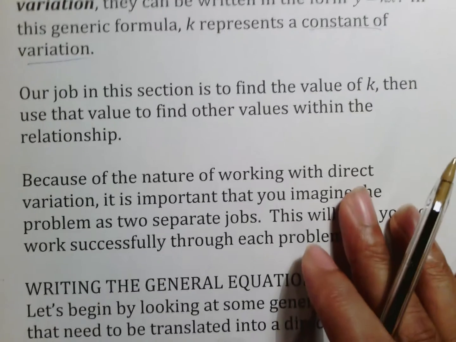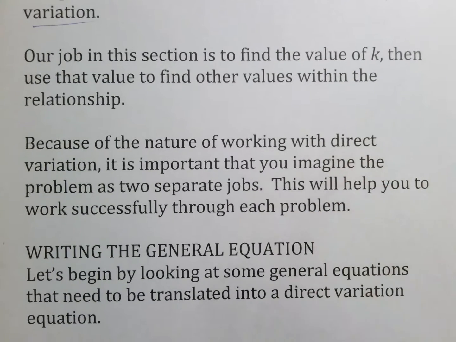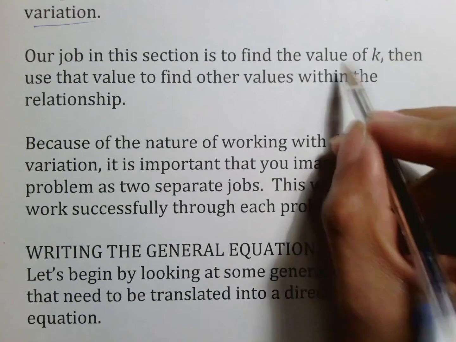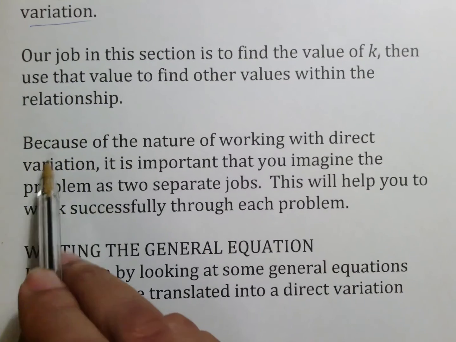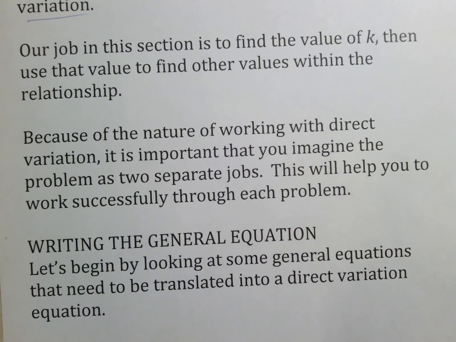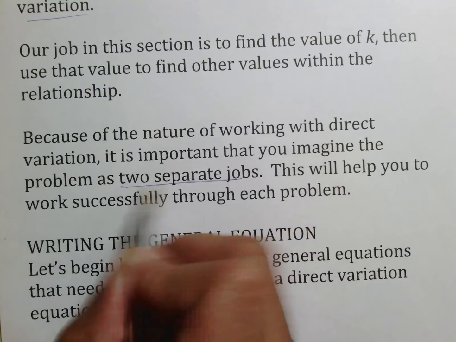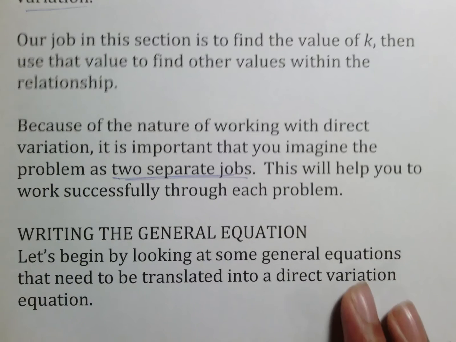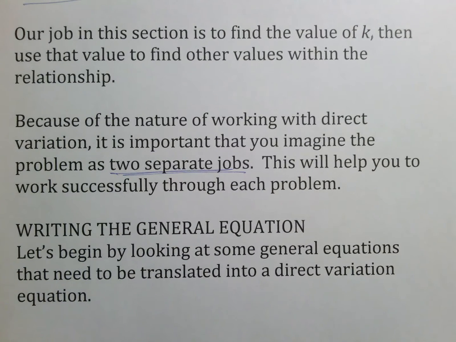Our job in this situation is to find the value of k, then use that value to find other values within the relationship. Notice we have a compound sentence here, which means that there are two things for us to do. Because of the nature of working with direct variation, it is important that you imagine that you have two separate jobs. If you do not learn to visualize this as two separate jobs, you're going to make a silly mistake.